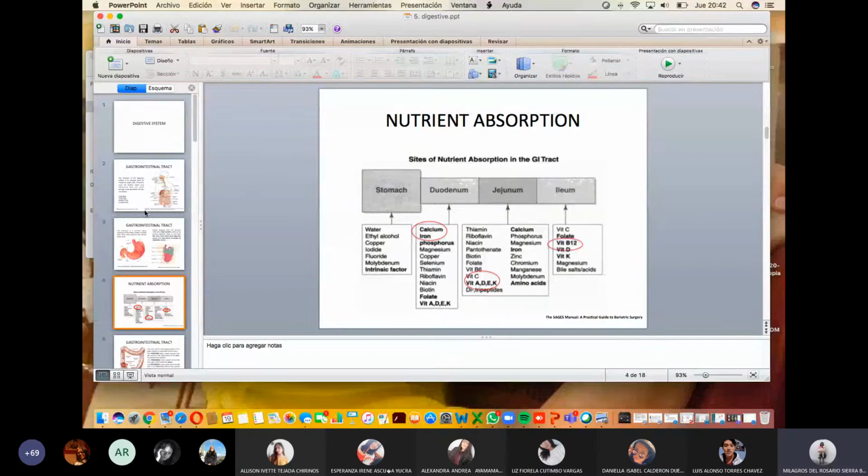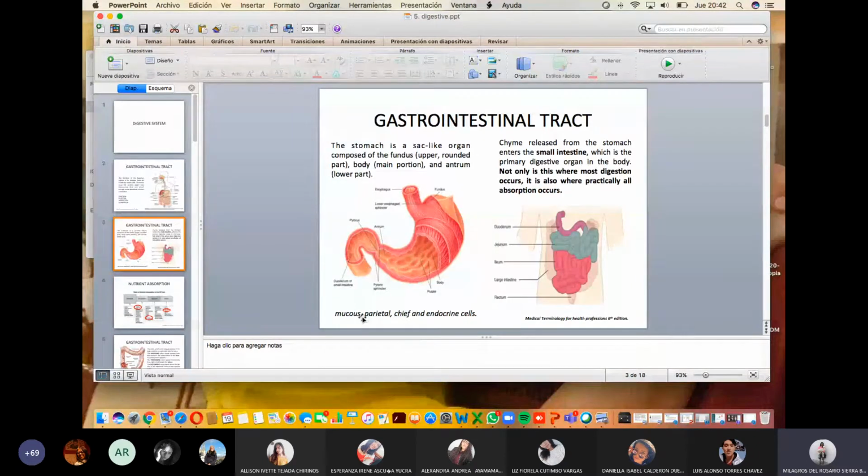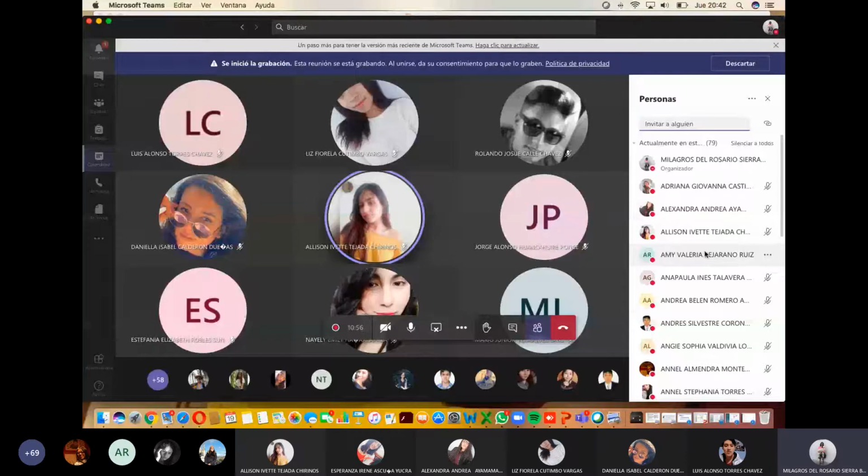Something that I forgot. In the parietal cells, you also have the secretion not only of hydrochloric acid, but also of the intrinsic factor. Do you guys know what the intrinsic factor is, Ana Paula?